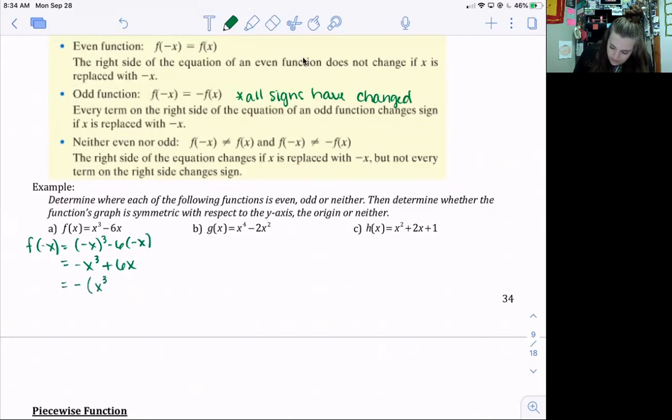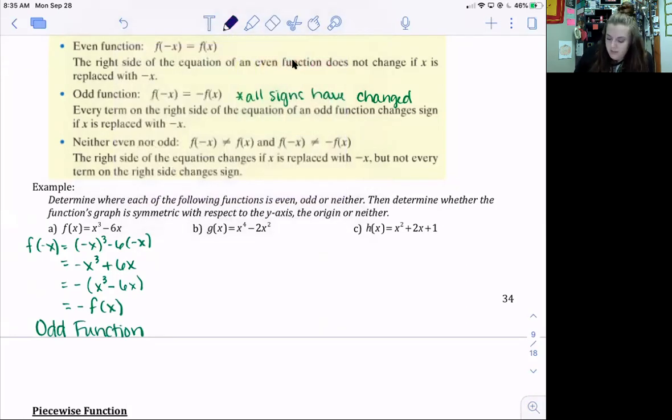We would have negative times the quantity x cubed minus 6x, which is the same thing as writing negative f of x. So with negative f of x, all of our signs changed. This means this is an odd function. And we'll talk about a shortcut here in a second.